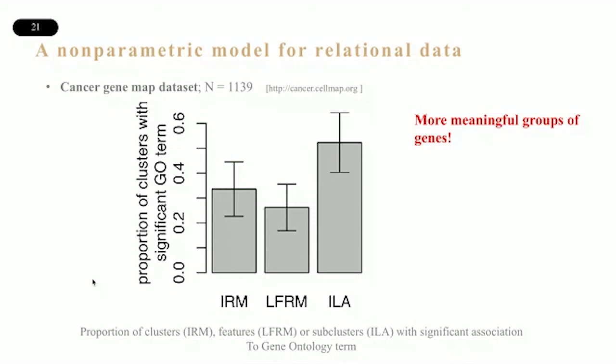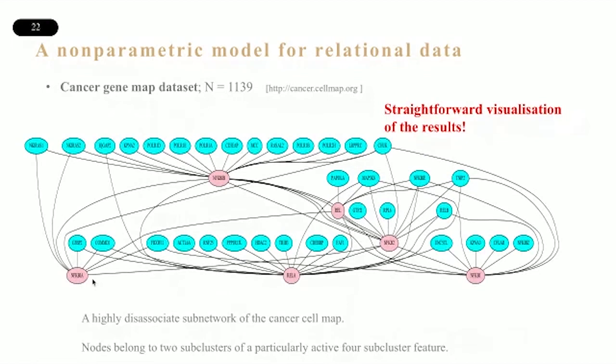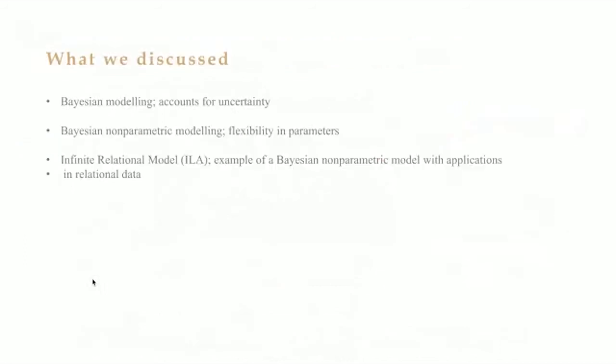We are also able to plot this assignment to classes and subclusters. What I want to point out is that by allowing a hierarchy in the assignment, we allow for a straightforward visualization of the results.